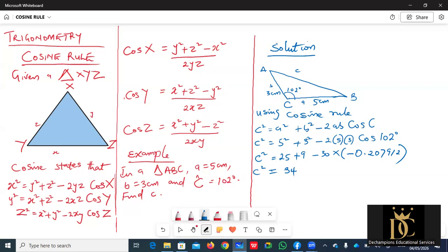When you multiply the two, minus times minus, students do make mistakes in this area. You have to multiply this minus and this minus.